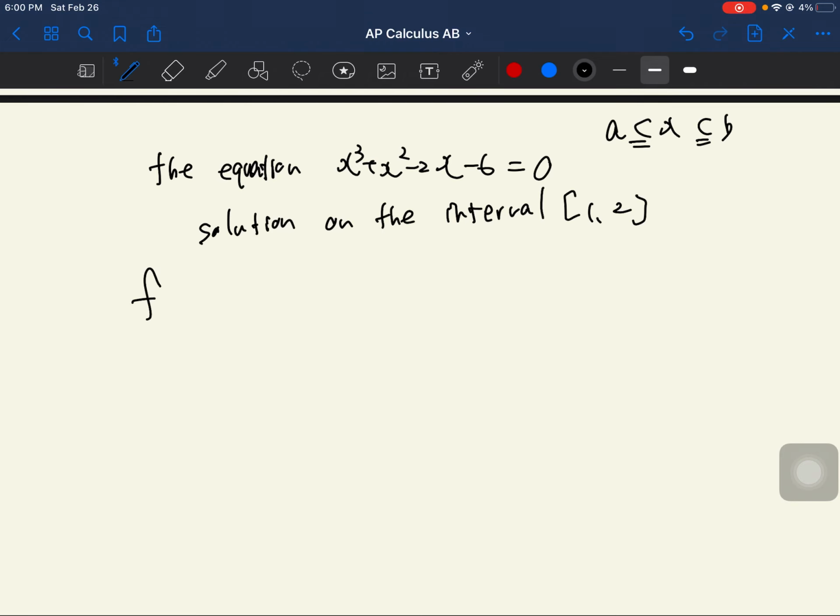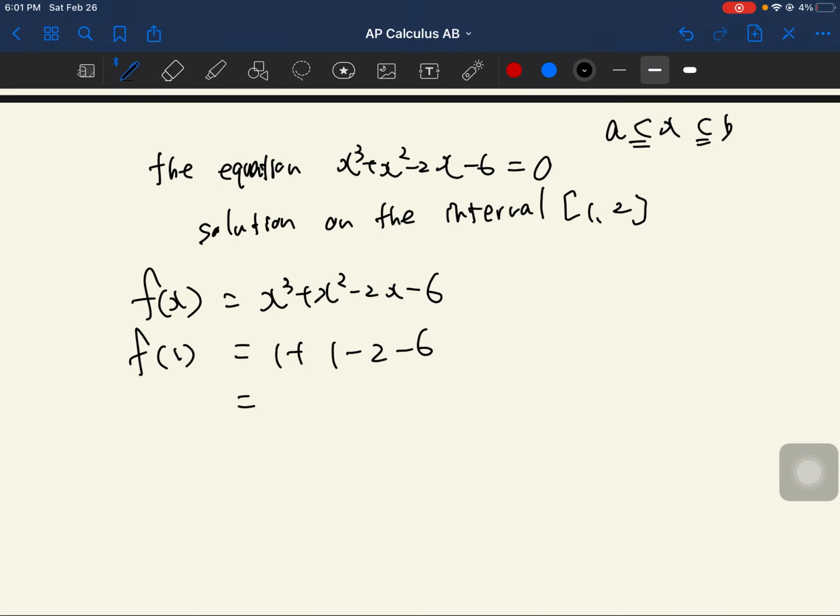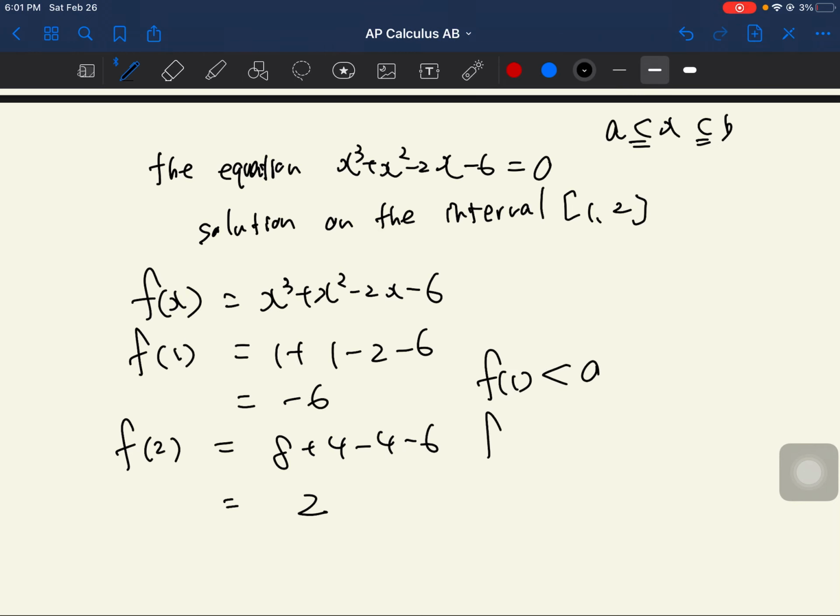So let's prove it. Again, what you have to do is just put the function, f of x equals x cubed plus x squared minus 2x minus 6. And f of 1 is 1 plus 1 minus 2 minus 6, which is negative 6. And f of 2 is 8 plus 4 minus 4 minus 6, which is 2. So f of 1 is smaller than 0 and f of 2 is bigger than 0.